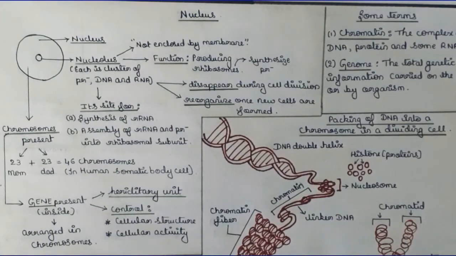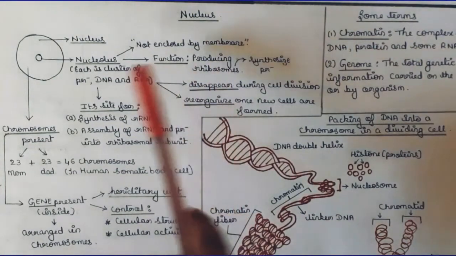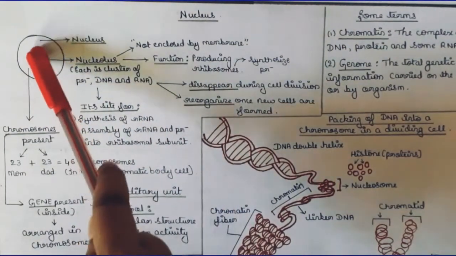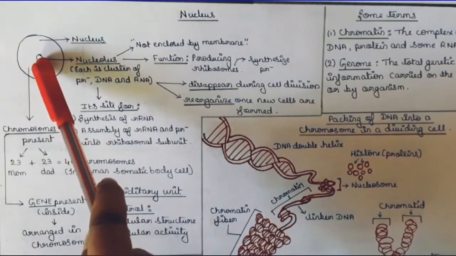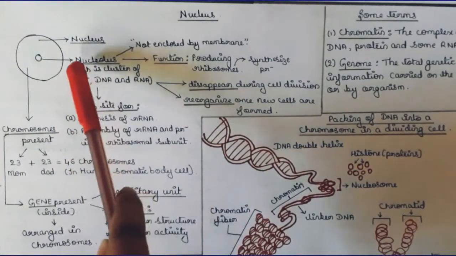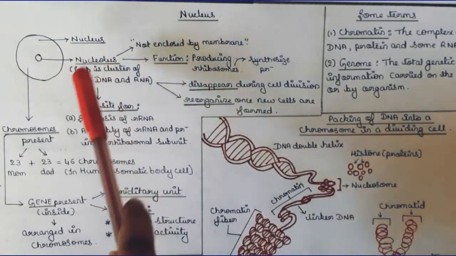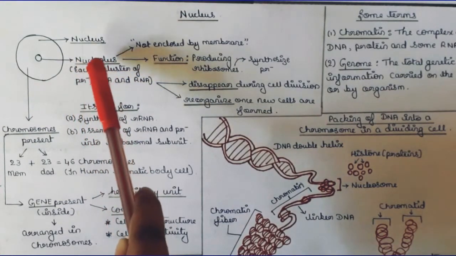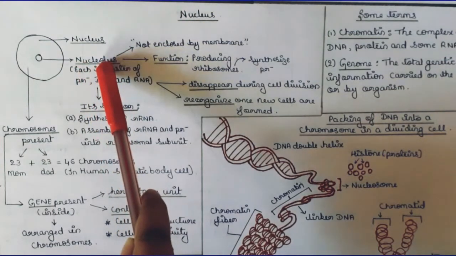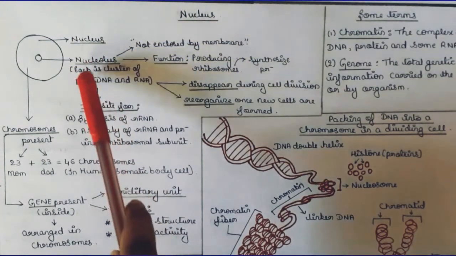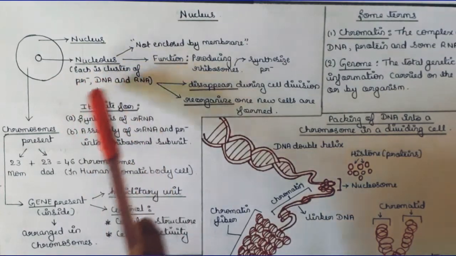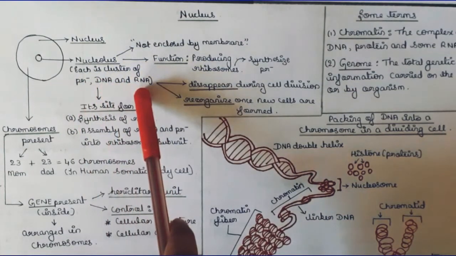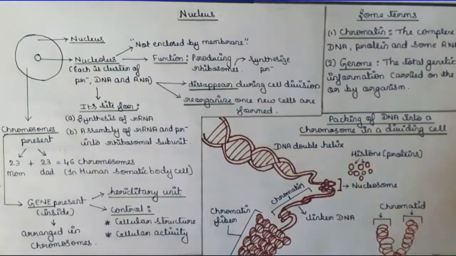Let us learn about the nucleus. What you can see is a rough diagram I have drawn. This nucleus has something called the nucleolus inside it. This nucleolus is a group of nucleoli, and each is a cluster of protein, DNA and RNA molecules.